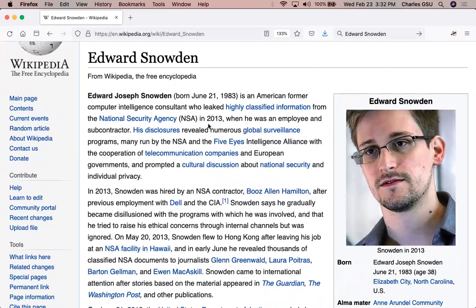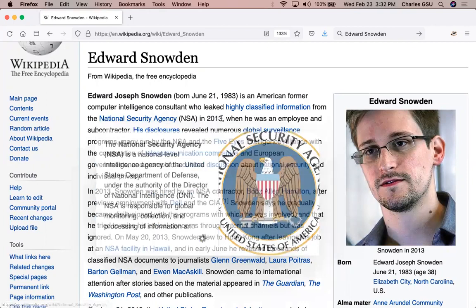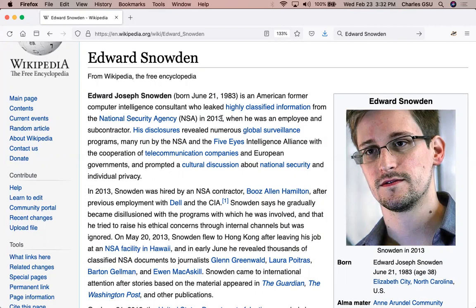So in 2013, he worked for the NSA, known as the National Security Agency. And he discovered, because he had really top level computer access, that the NSA was gathering troves and troves of information, not from supposed just terrorists, right, but from all of us.